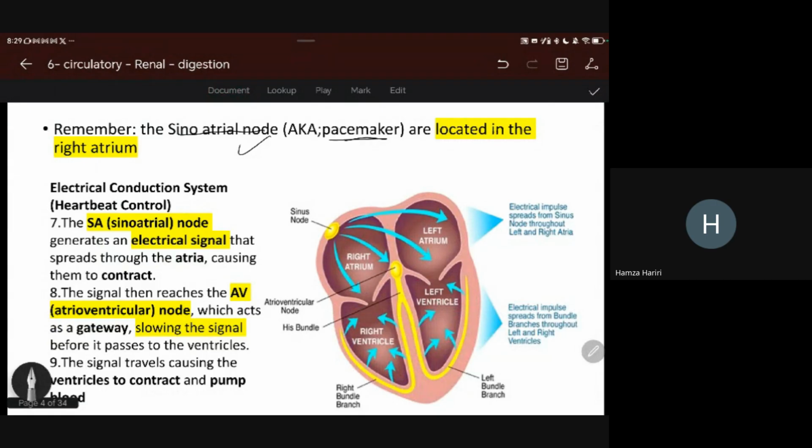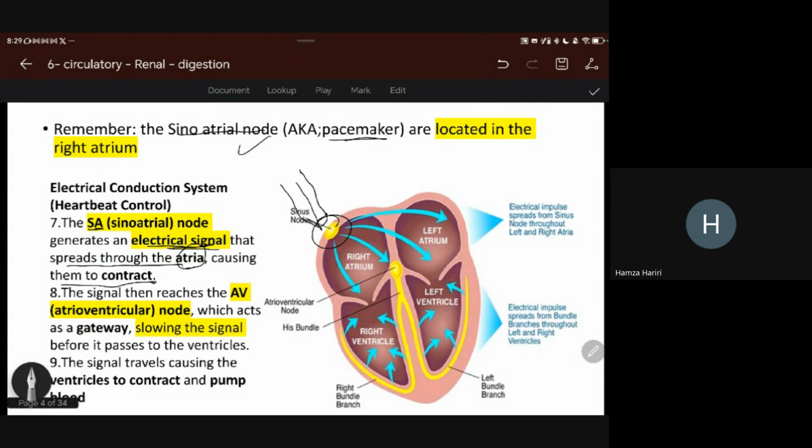Where is it located? It is located in the right atrium, right where the blood enters. The sinoatrial node, for short SA, generates an electrical signal that spreads through the atria, causing them to contract.